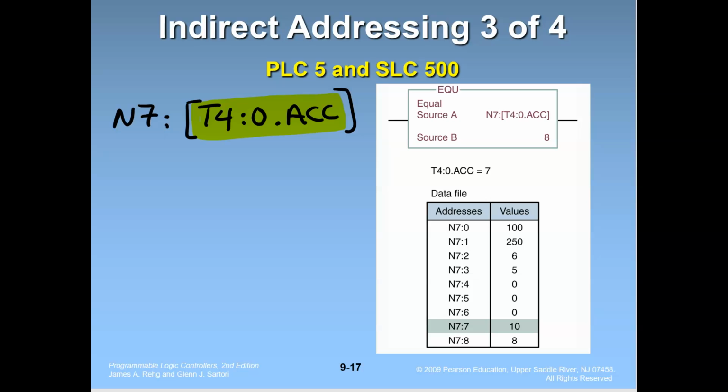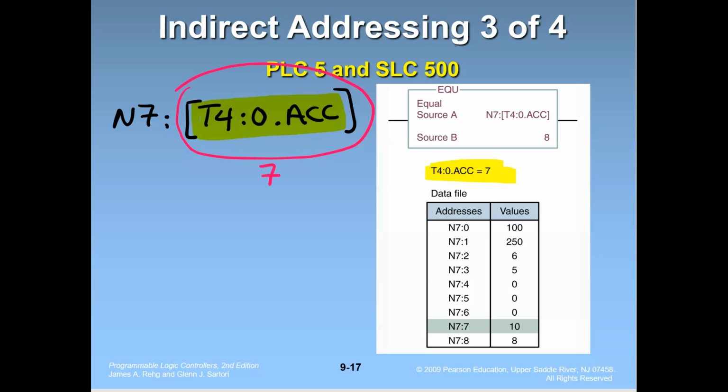Let's assume that I know this number and T4 colon 0 dot ACC is equal to 7. Now it means that I have to replace the logical address and its bracket together with the data that I have in the address inside the bracket. So I have to replace both of them with 7.